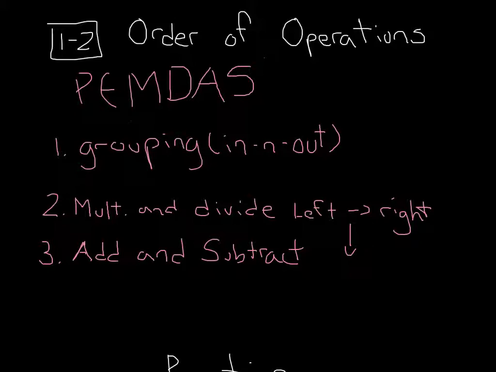Let's say you have an equation like 5 plus, and then in parentheses you do 2 times 3. You look at PEMDAS and you see that the P stands for parentheses, and because the P is the first letter of the acronym, you want to start with that. So you do 2 times 3, so that's 5 plus 6, so that's 11. That's basically how PEMDAS works.